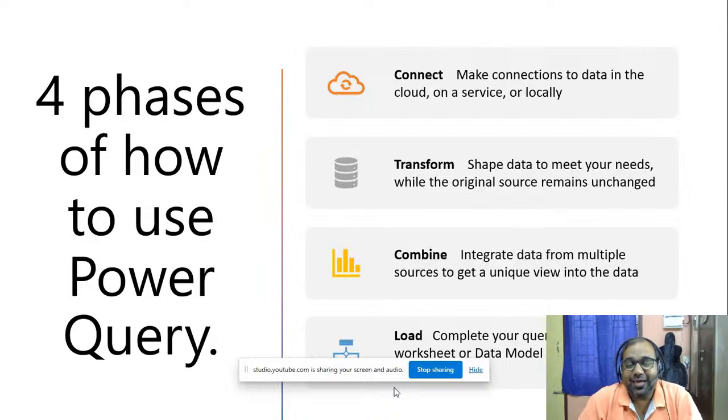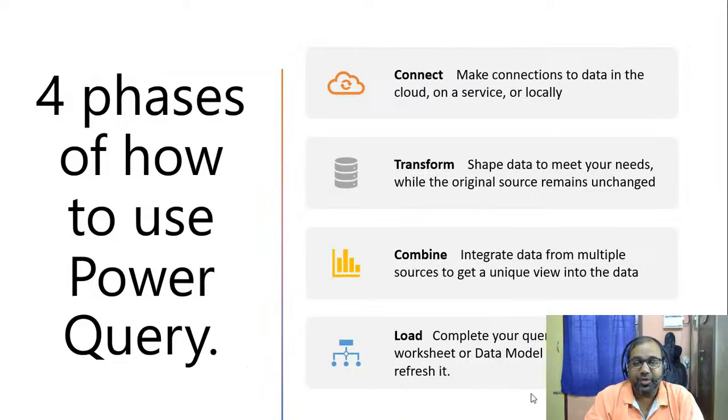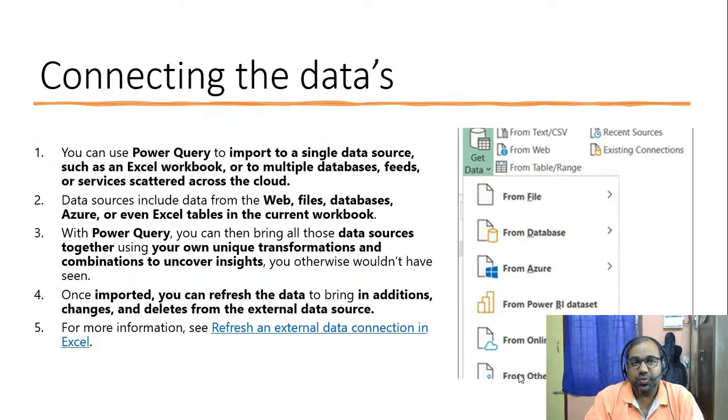Once you get the data connected, you can transform the data and shape it according to your need. If you are bringing data from multiple sheets or multiple workbooks, you can combine them all. Once you have cleaned and cleansed the data, the data set will automatically be loaded here. And once we are working on the loading component, that makes our life a little easier.